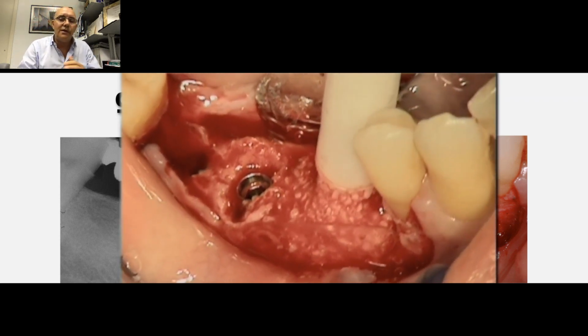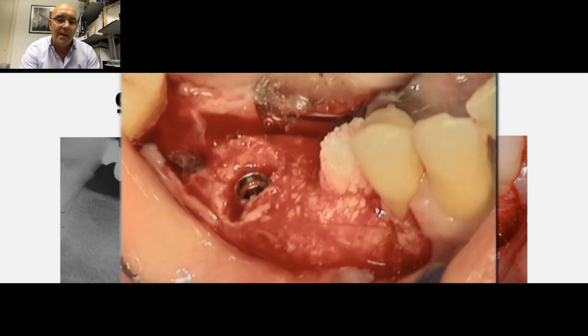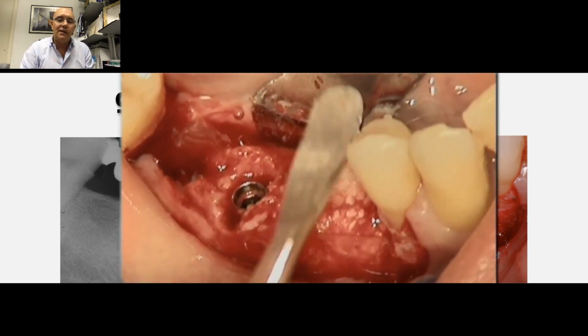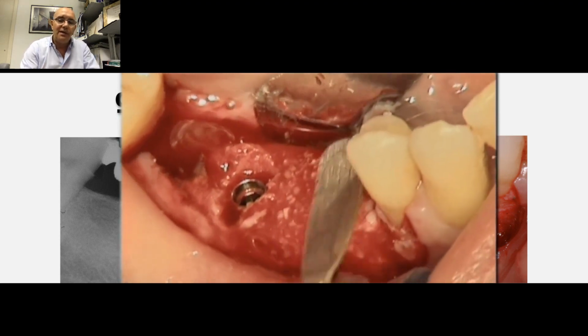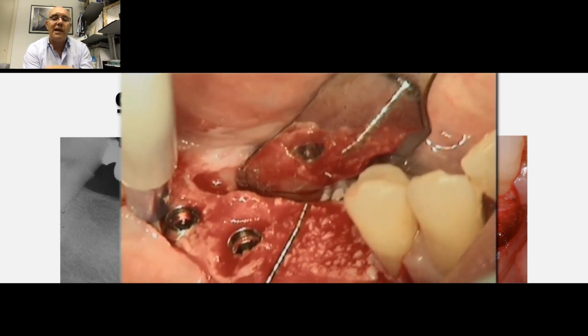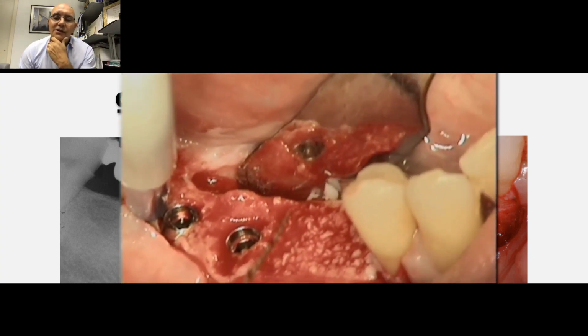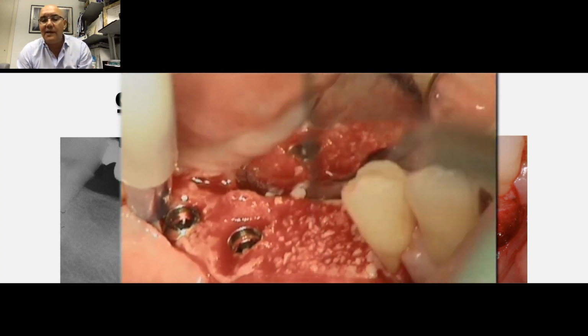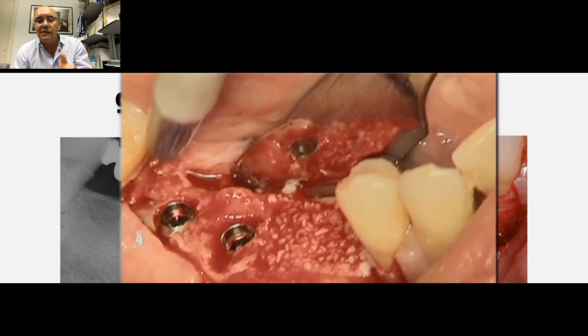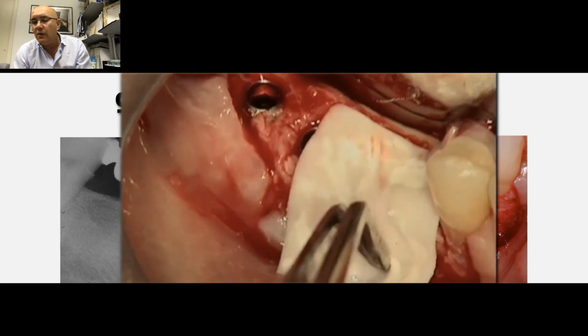And then I cover this whole system with a resorbable membrane so that this area will be left to heal, while the two posterior areas, luckily, I was able to place large diameter implants with high stability, and we will put just temporary crowns on the two posterior implants.